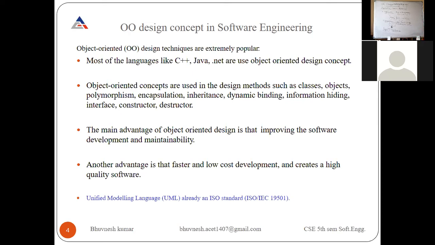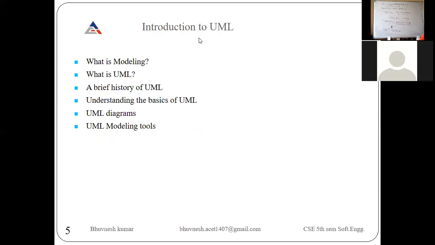ISO is the International Organization for Standardization. This is the standard to maintain your design, and according to this standard we have to make the design of our product. Next, we will study UML: what modeling languages are, what UML is, and their brief history.